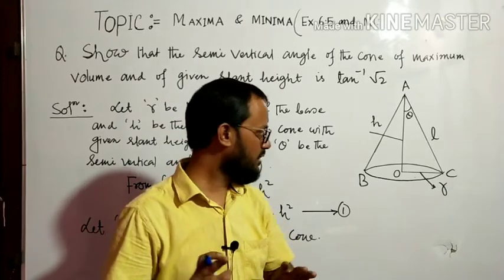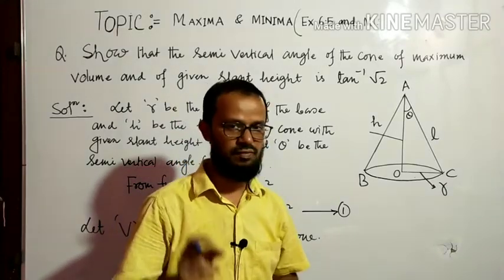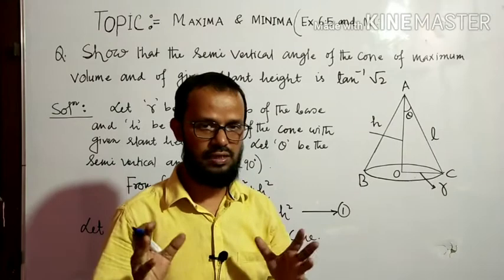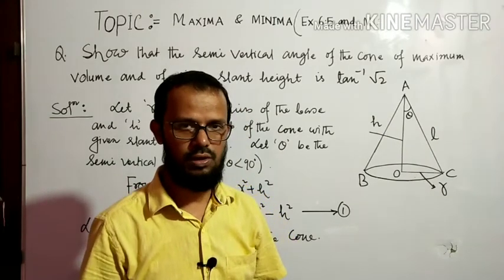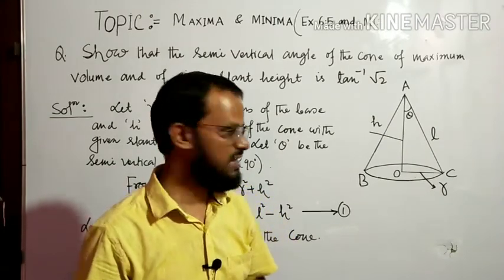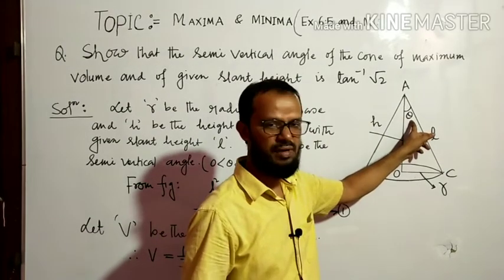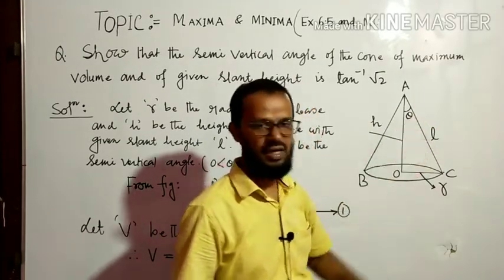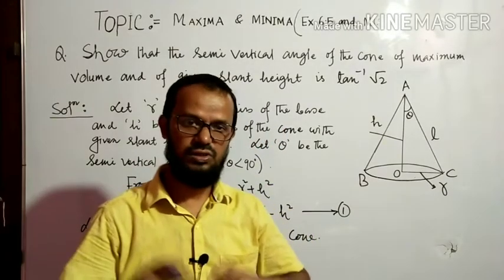Changing for different r and different h, but for fixed l we can draw many cones. And in such cases, if this theta is the semi-vertical angle, then the semi-vertical angle will also change.